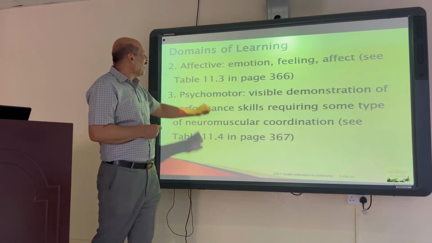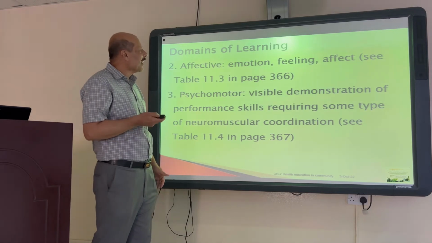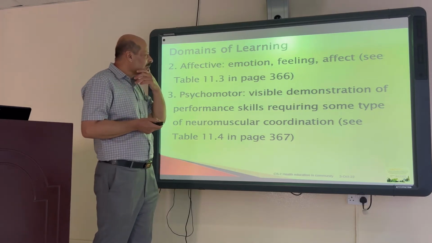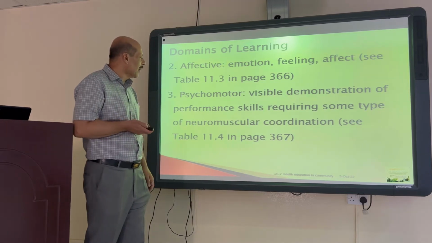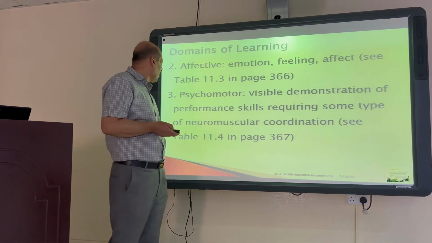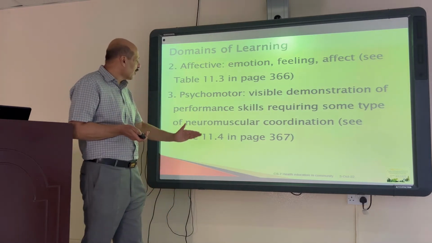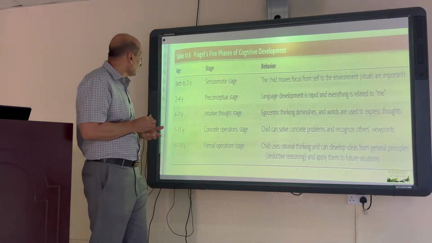The affective domain is emotional, feeling, and affecting, you can see also on the table at page 366 in your textbook. The psychomotor, which is the visible demonstration of the information skill required for some type of neuromuscular coordination, as we said before.